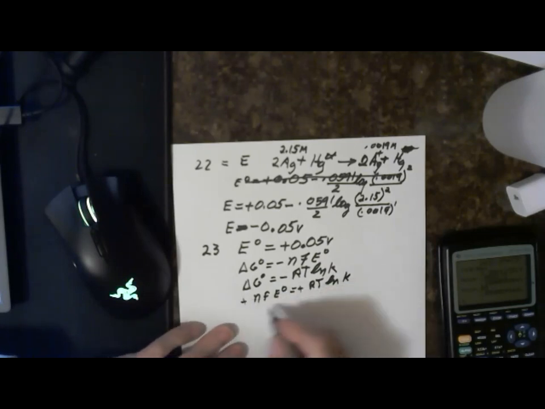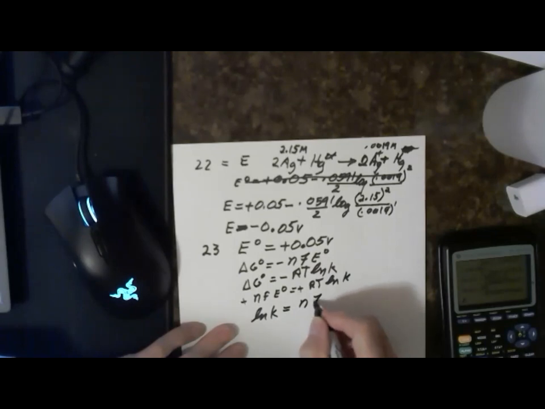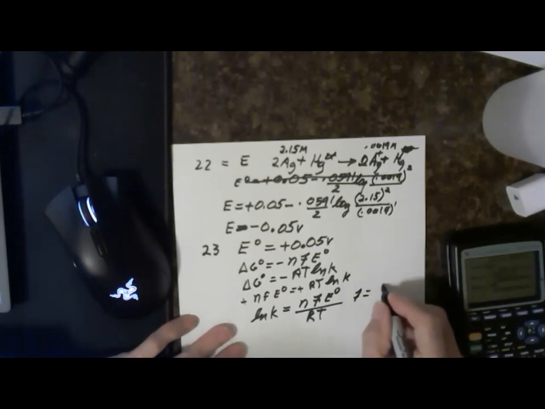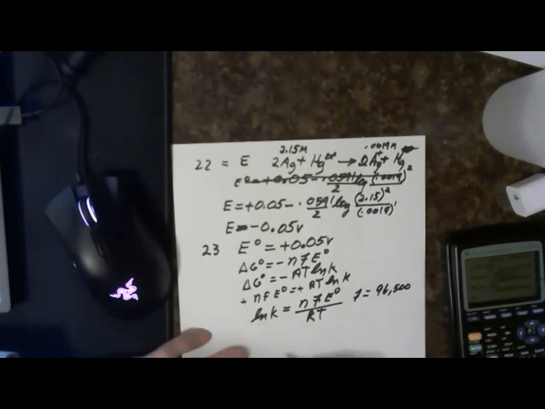So divide through by RT, I get ln K is equal to n F E0 over RT, where F is the Faraday constant, and F is 96,500 coulombs.